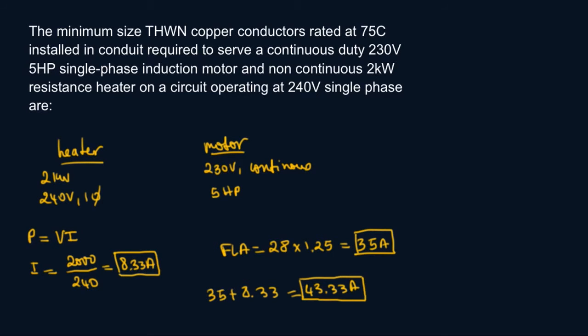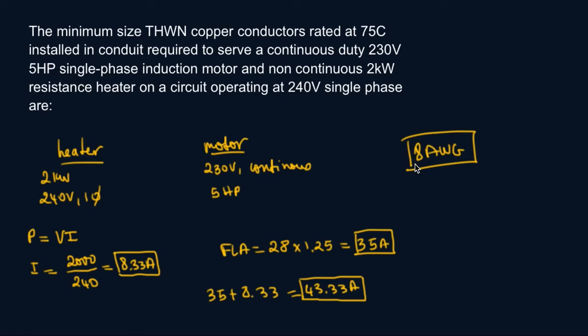It's a lot of table flipping, but it becomes natural as you practice. So here the answer is 8 AWG conductor size. It's a lot of flipping, and we use 3 sections here, right? The full load amp for the motor, the continuous duty, and the 310 tables.